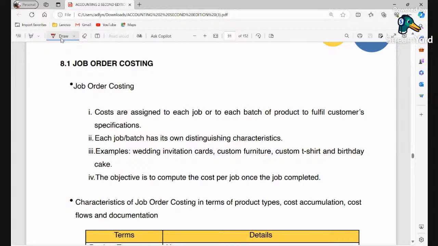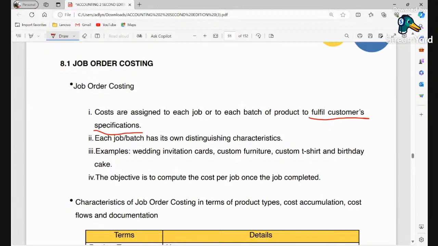This is the most important part. When we mention customer specification, that means what we make or produce is based on the request of the customer.